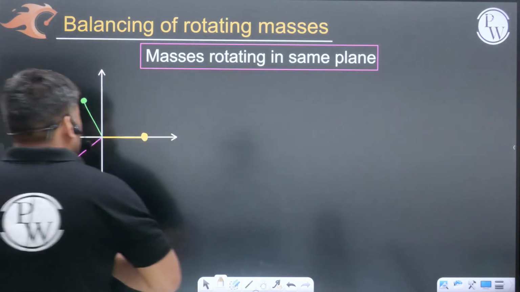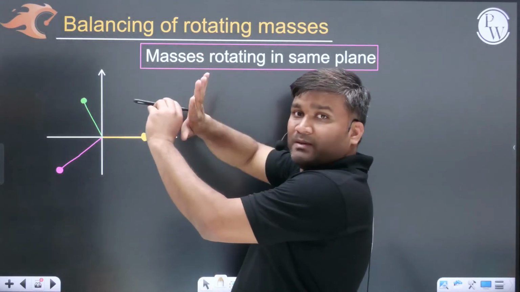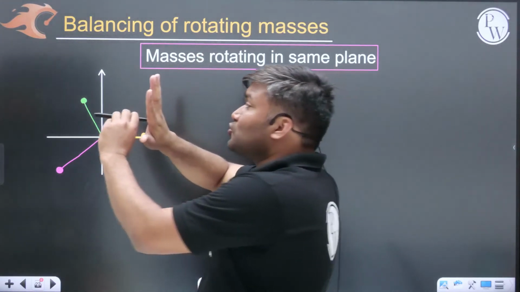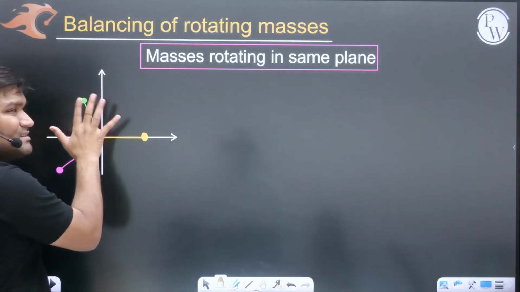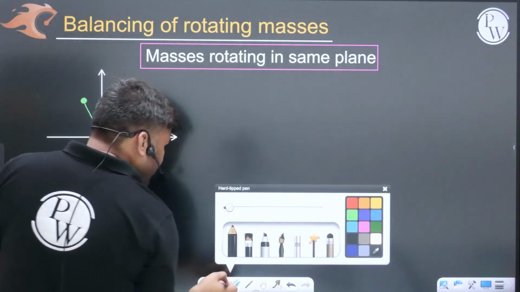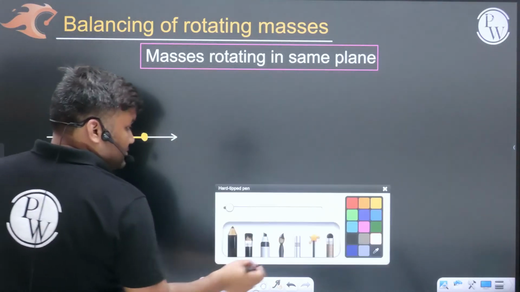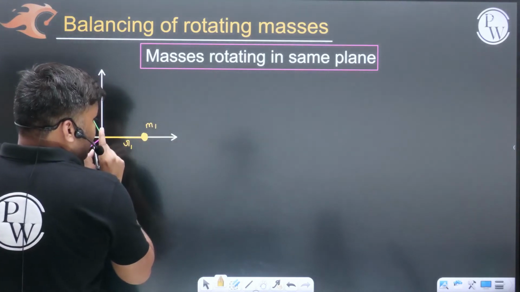I have shown the side view. This system is something like this. It is rotating here, in the same plane. I have shown you the configuration from the side view. What is the angle between all these masses? You can see it in the side view diagram. Clear? Masses are rotating in the same plane. Let me write that this is mass m1 at distance r1.